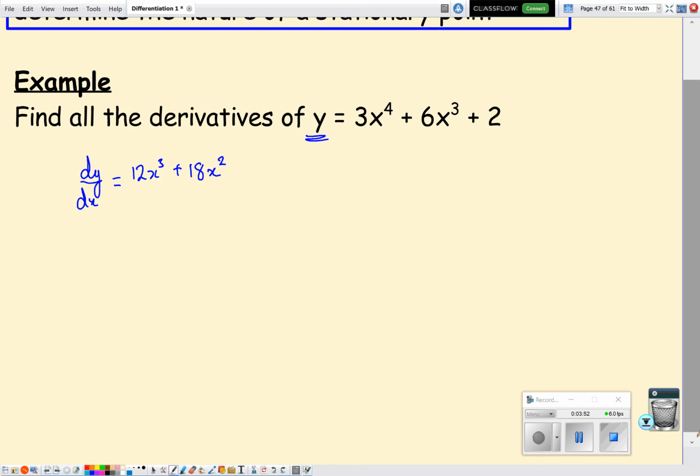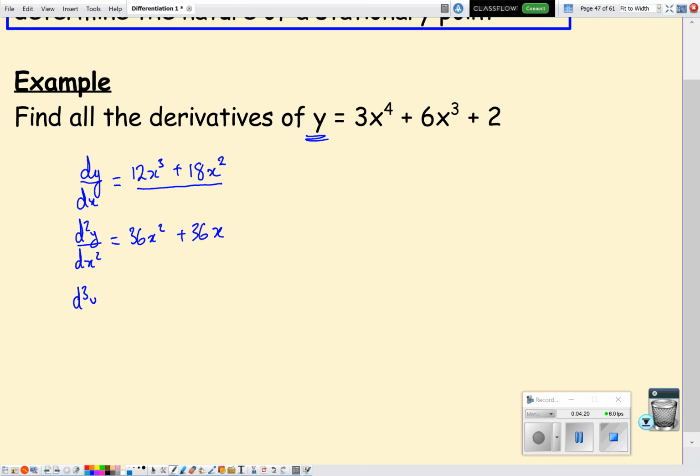So nothing too taxing here. These are expressions that you should be able to differentiate without any issue. Second derivative, d2y by dx squared, is the derivative of the first derivative. So we're differentiating 12x cubed plus 18x squared now. So it's 36x squared plus 36x.